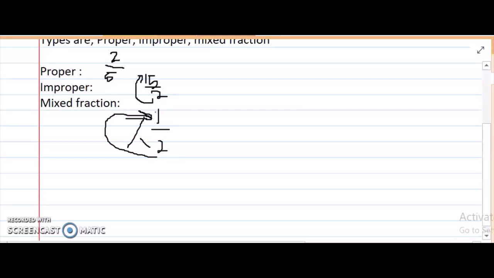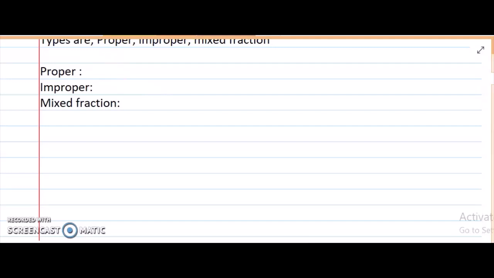Now, let's talk about the parts of a fraction.